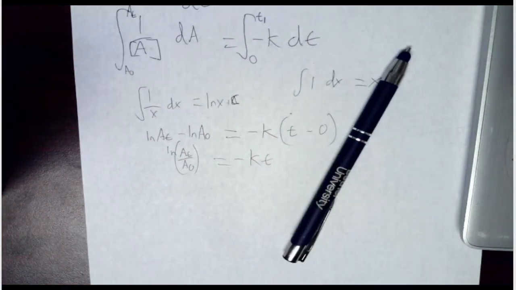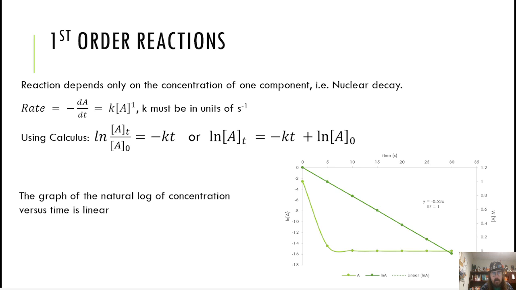That's integration for you. If you don't know how to do it, don't worry. You don't have to know how to do it. I give you this equation. I never ask you to memorize that equation. This relates two concentrations with the time it takes for that to change. Now, if I just graph the concentration versus time, we get this little curve.